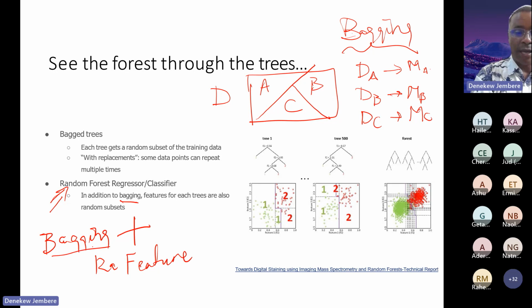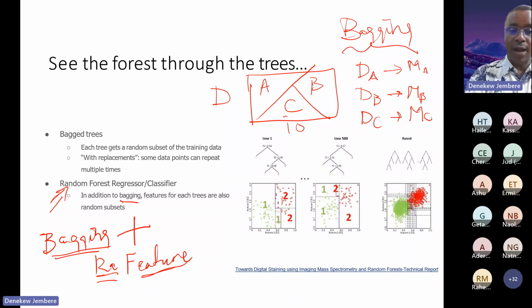In case of bagging, we subdivide the data just the way we did it. But in case of random forest regression or classification, we also randomly select subsets of the feature set. If this data set has 10 features, in case of bagging we use all the 10 features.